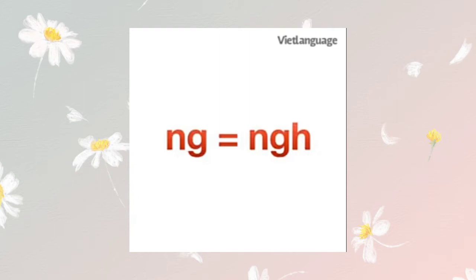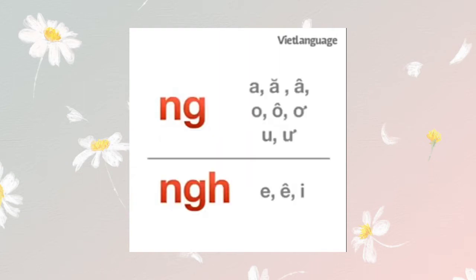Actually, the previous two consonant clusters that you just learned have the exact same pronunciation, ng, ng. But why do we have two different ones? It's actually because of the rules. In the Vietnamese writing rules, ng with no H goes with the vowels a, o, u, and ngh with an H goes with the vowels e and ê.